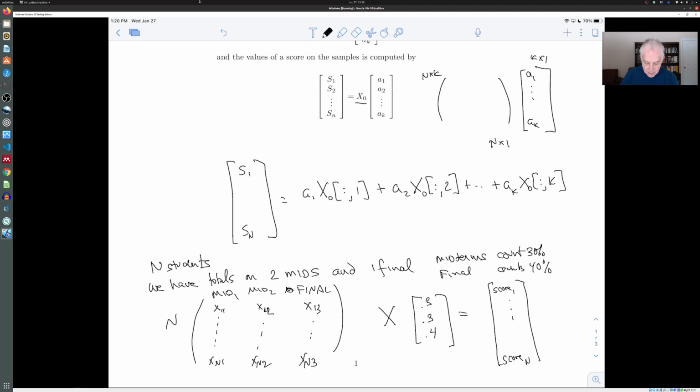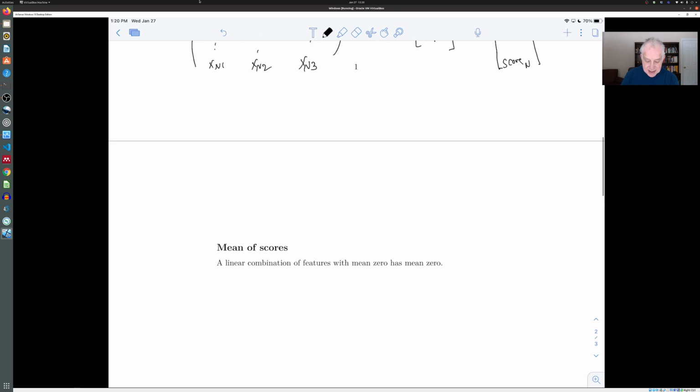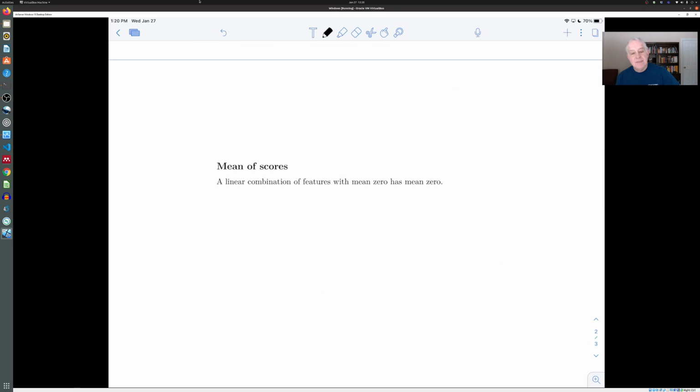Now, if you have a score, then you can talk about the mean and variance of a score. So the first thing to look at is the mean of a score. And here we're interested in the situation where, let's just remember that our data matrix X0 has columns with mean 0.